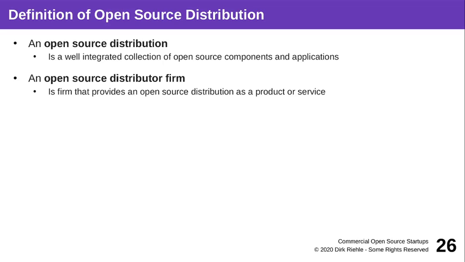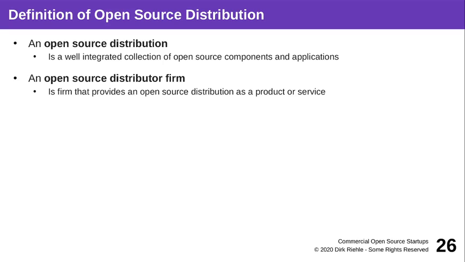An open source distribution, that's the established term, is a well-integrated collection of open source components and applications. So the focus is this collection, potentially a large set of components, that has been turned into something where these different pieces, the elements of the collection, work together really well.